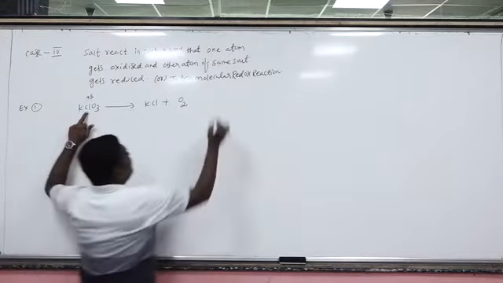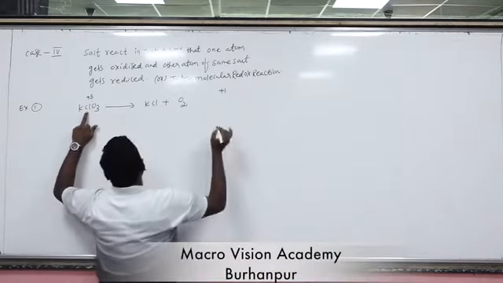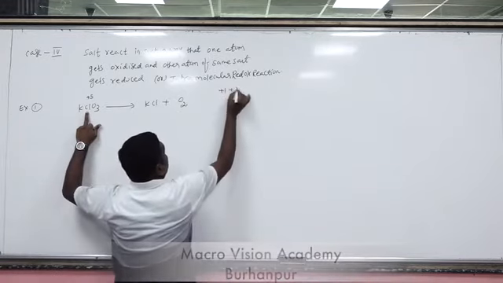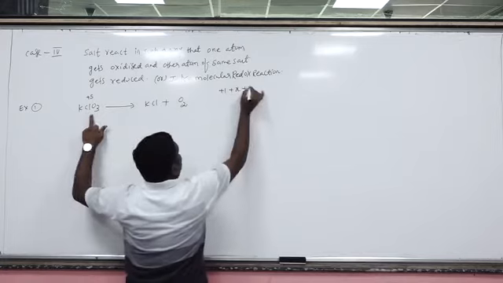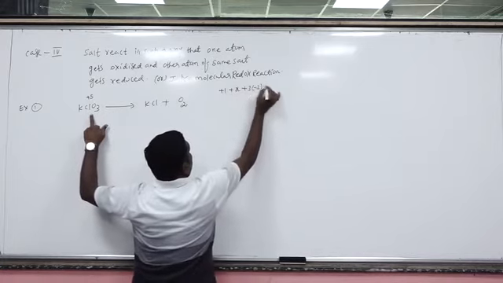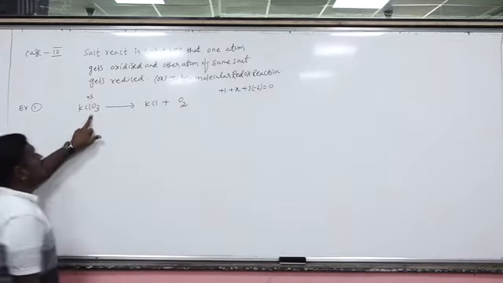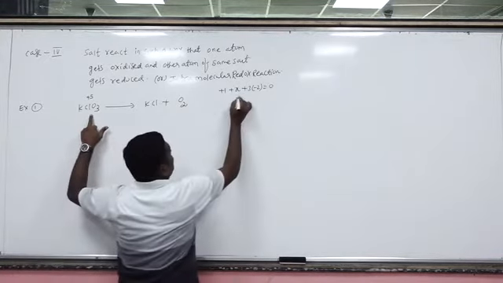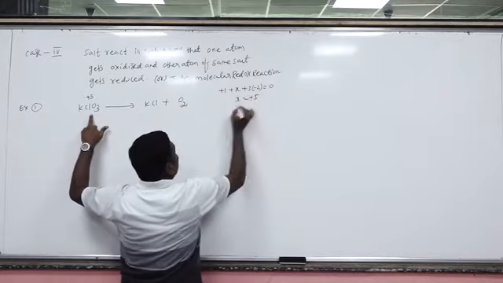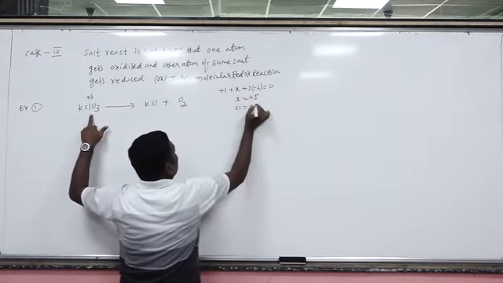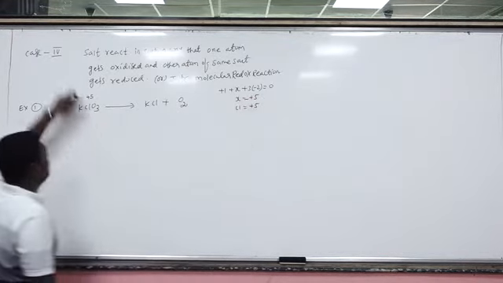How? Potassium oxidation number is +1, chlorine oxidation state we don't know, and each oxygen oxidation state is -2. So the sum of the oxidation states equals 0. So what is the value of X here? +5. That means chlorine oxidation number on the left hand side in KClO3 is +5.